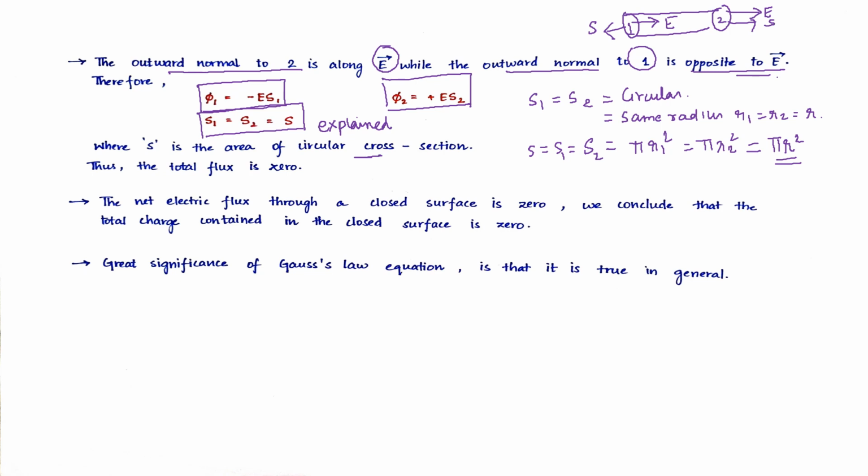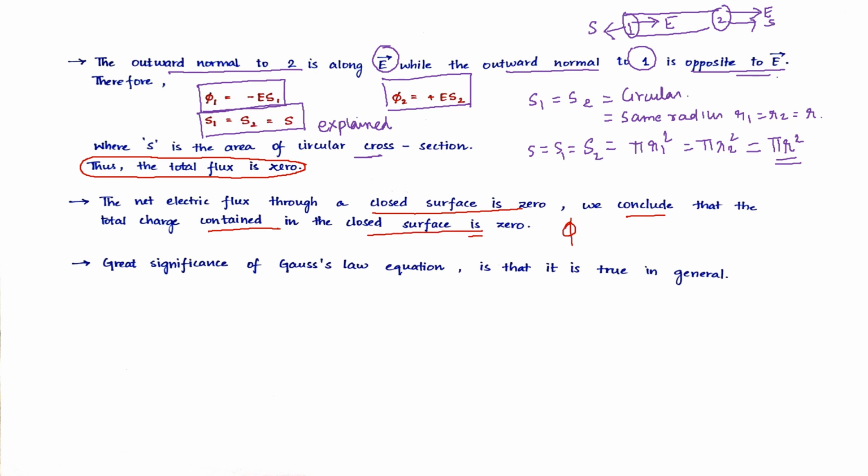So the total flux is 0. We have derived it in the previous slide. How do we get to know the total flux is 0? Now, if the electric flux through the closed surface is 0, we conclude that the total charge contained by the closed surface is 0.